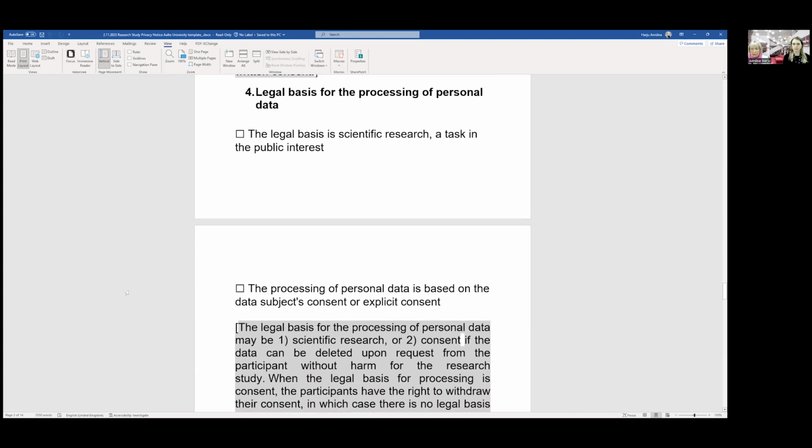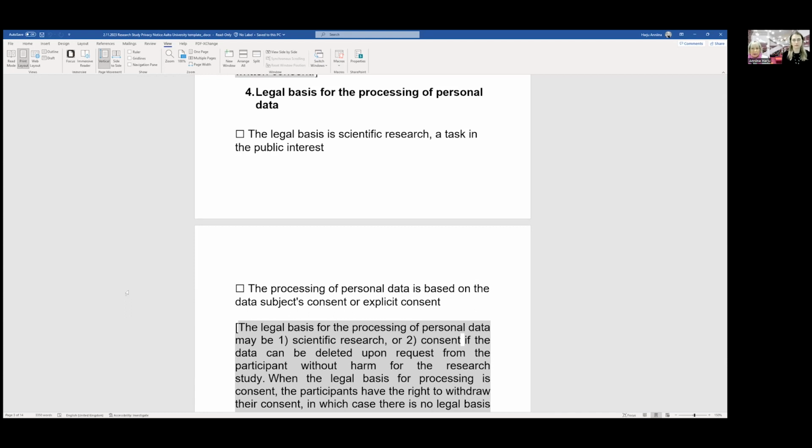But write it, and you don't have to use legalese in writing this. Write in plain Finnish, English, Swedish, whatever language you use. And that's actually a requirement of the GDPR, that the information to participants must be clear and concise.